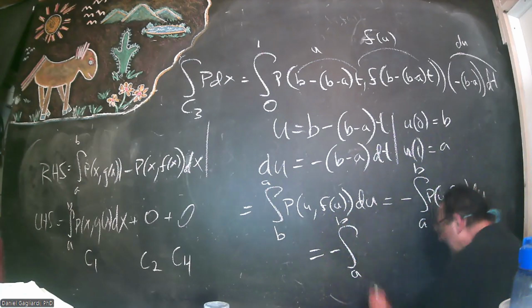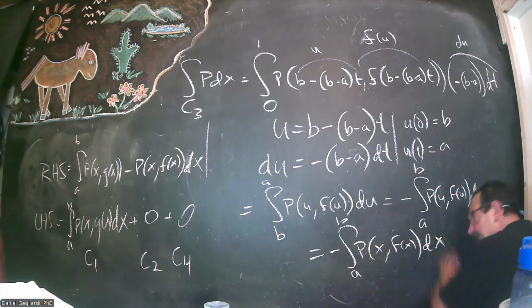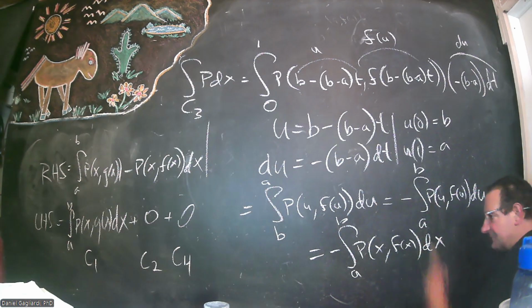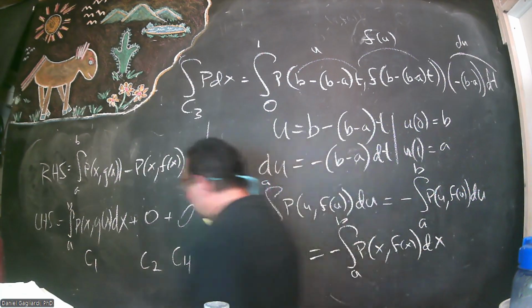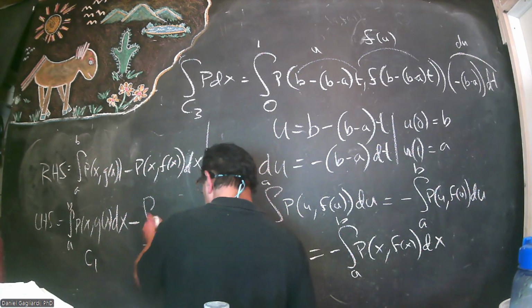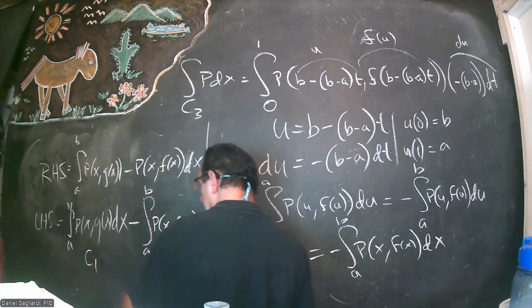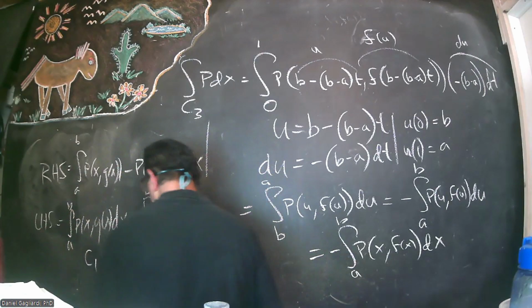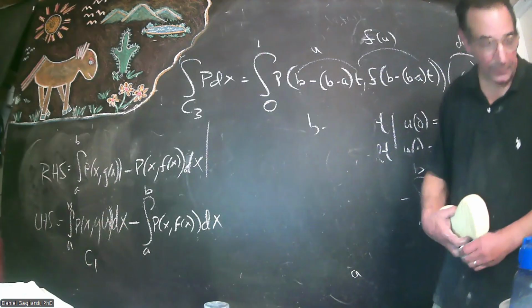So we have the integral from A to B of P of x, f of x, dx, and that's the value along C3, which exactly corresponds to what we want, right? So we have negative the integral of P of x, f of x, dx from A to B, and the integral being linear, we can just rewrite it and show that it equals the top.